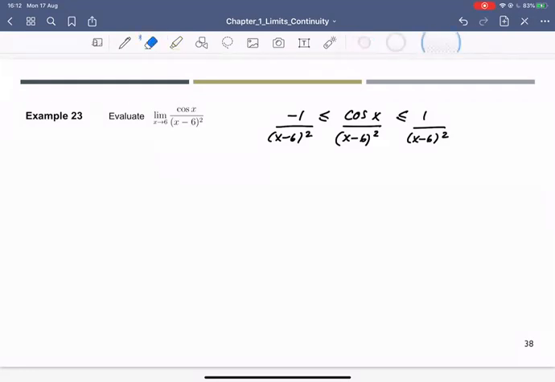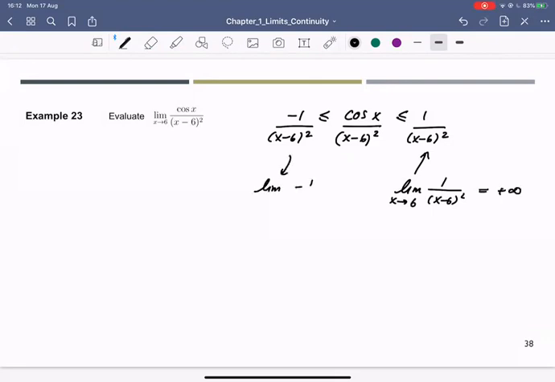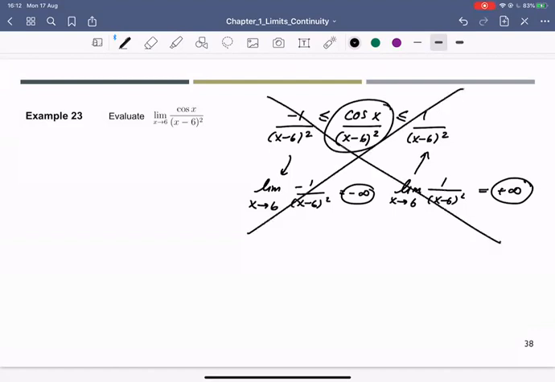One bound is positive infinity and the other is negative infinity, so it does not work because they are not real numbers and they are not equal to each other anyway. So the squeeze theorem does not work.